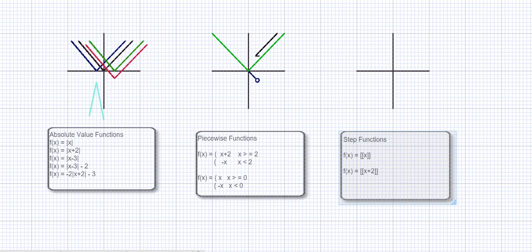So if you think about that, that will start giving you a shape that looks like a flat or horizontal line. If I said 2.99, well, that's really close to 3, but it's not 3. So what's the greatest integer that's less than or equal to 2.99? Again, the answer is 2.